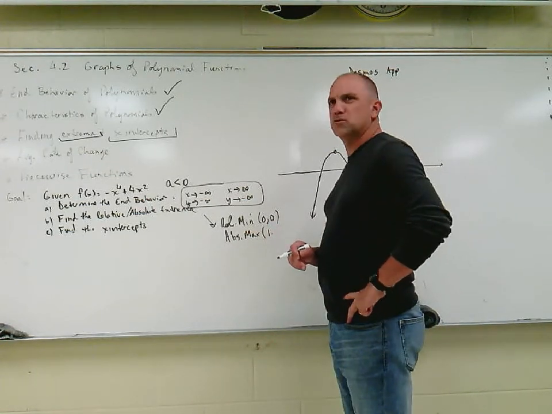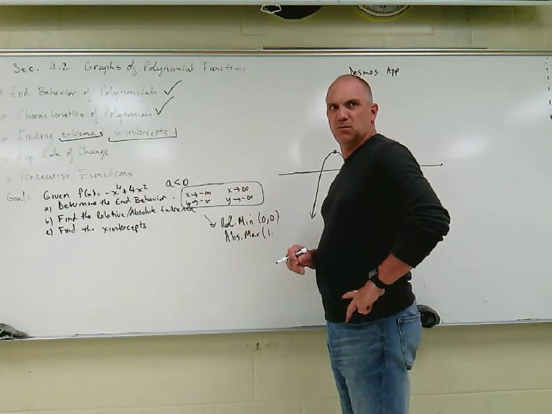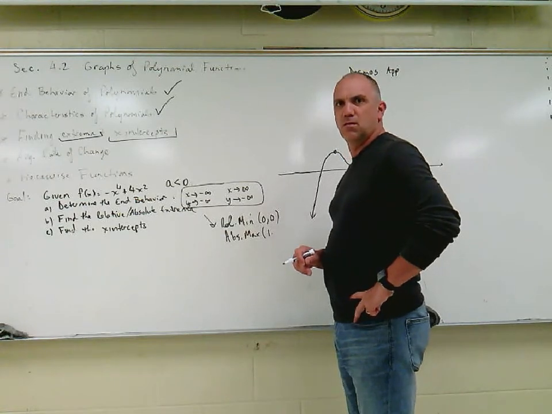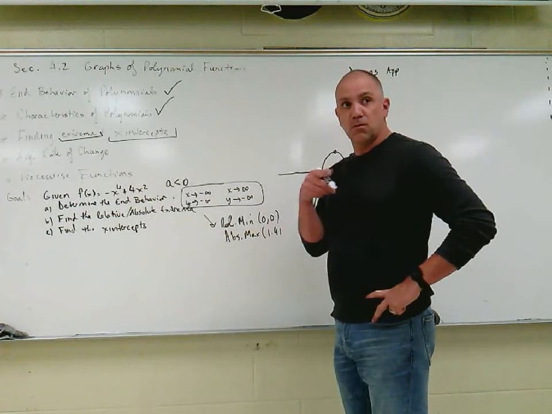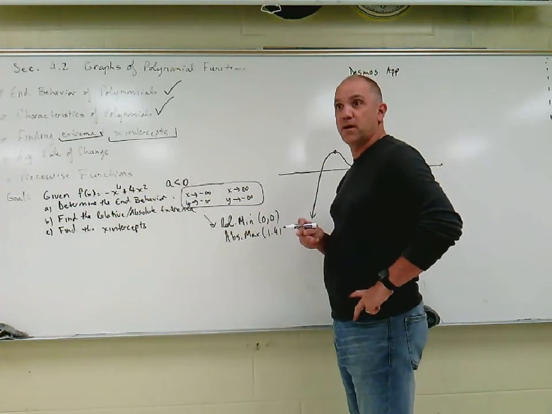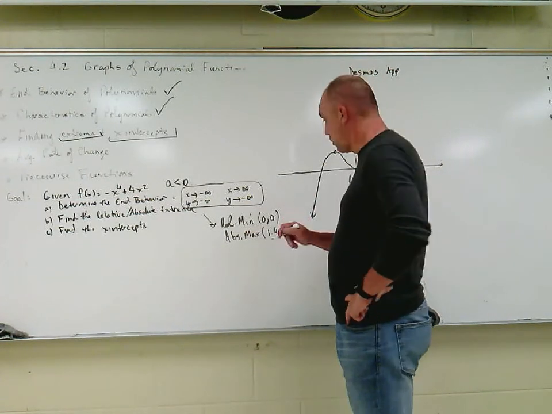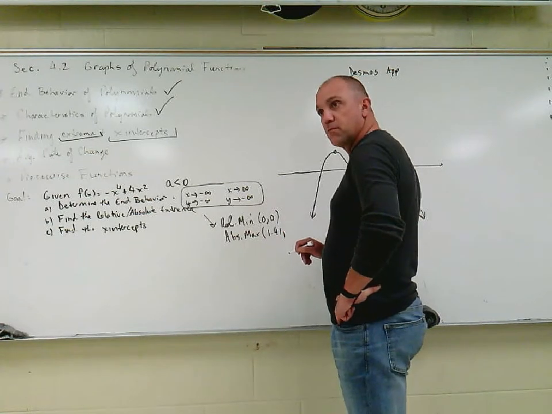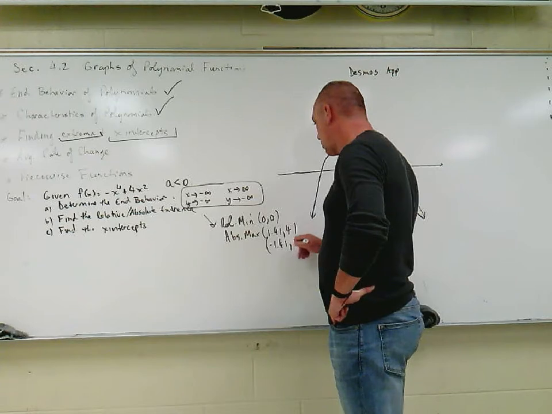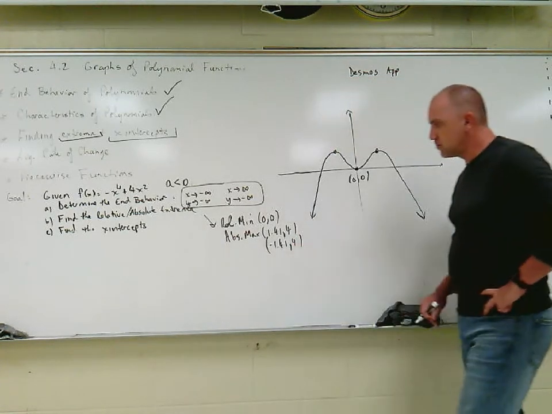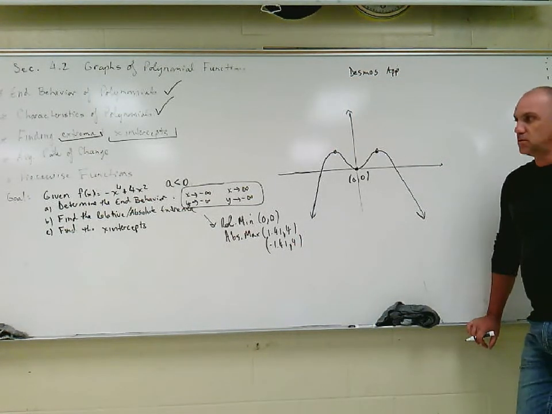I wouldn't round it so much. Just round it to 2 decimals, 1.41. I can tell you 1.5 will get counted wrong. 1.41 and what's the y? 4, and then it's negative 1.414. Okay? You've got to list both of those.